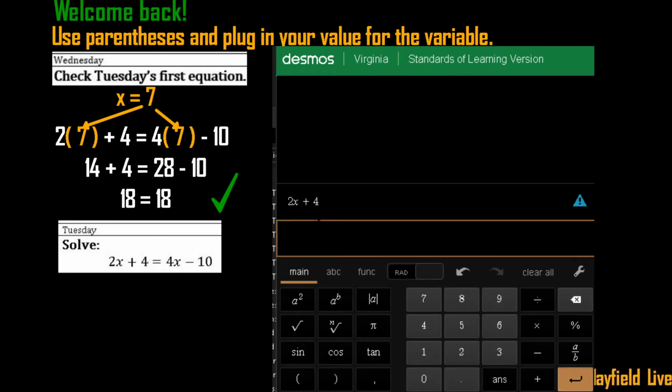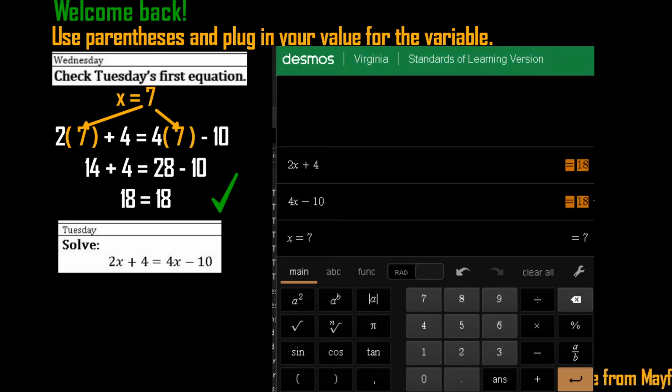So I'm going to say 4x minus 10. And again, we need to define what those variables are. So let's do just that. We said x equals 7. Since these two values are the same, we know that our answer is correct. Again, since x equals 7, the right side and the left side of the equation are equal to 18.